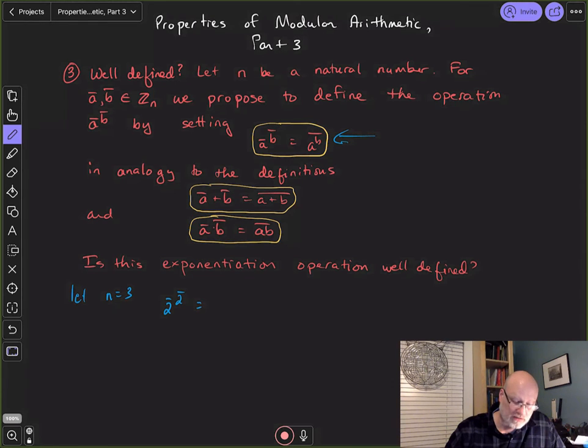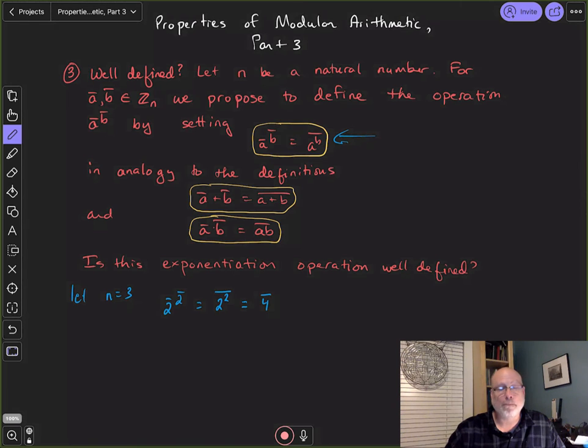If we use our rule, I can rewrite this as 2 squared, and I'm going to take the bar of that. So far, so good. 2 squared, as we all know, is 4, so I can write this as 4 bar. I could stop there, because all this is saying is the congruence class that includes the number 4.